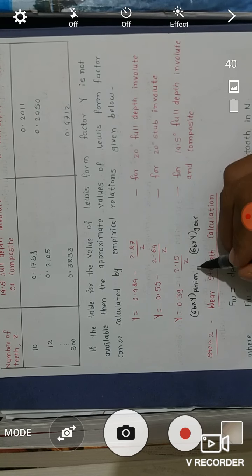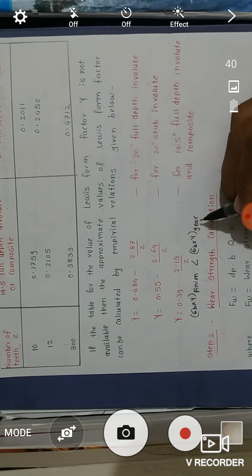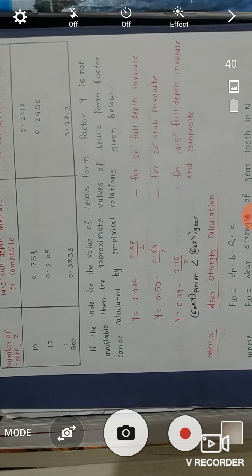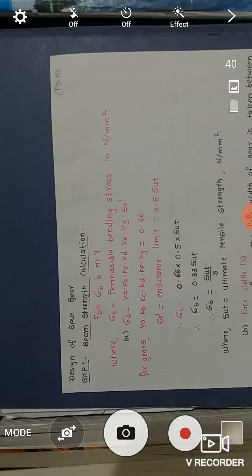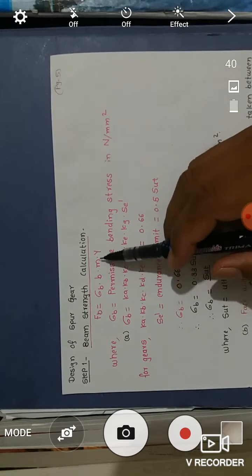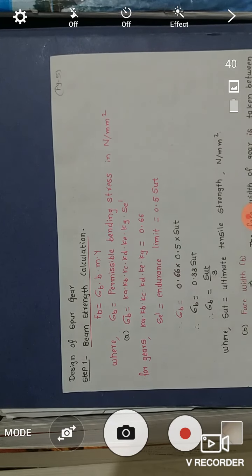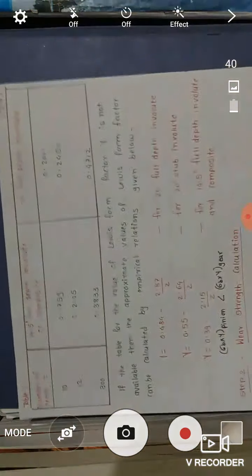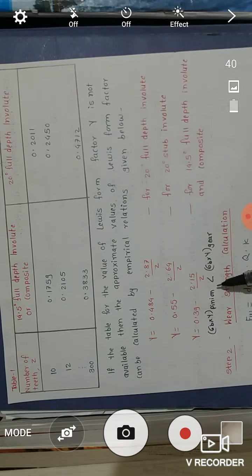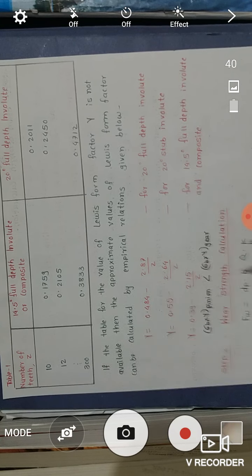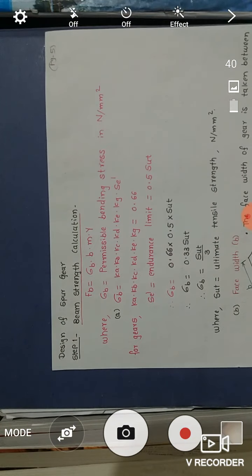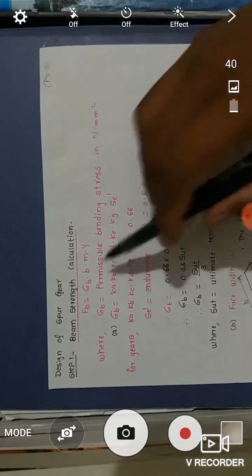If sigma b into y for pinion is less than sigma b into y for gear, then we consider the pinion weaker in bending, so we substitute pinion values in this equation. But if sigma b into y for gear is less than sigma b into y for pinion, then we substitute gear values in this equation. So according to this comparison we substitute here.